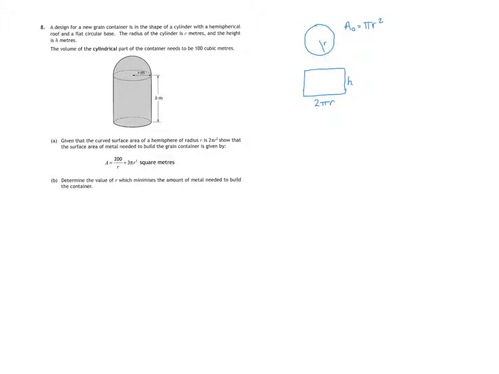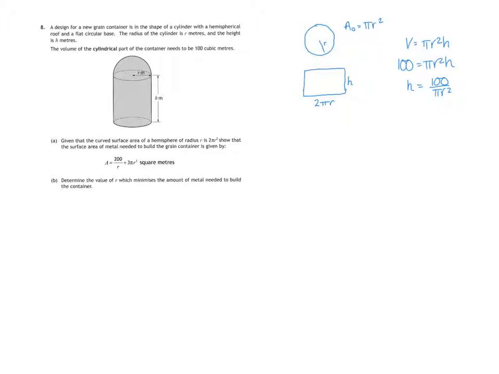We've been given the volume, and we know the volume of a cylinder is pi r squared h, because it's the area of the bottom times by the height. And so we can put in 100 for the volume equals pi r squared h. And we can rearrange, so we get h is 100 divided by pi r squared.